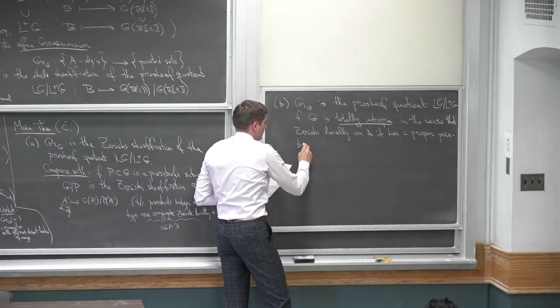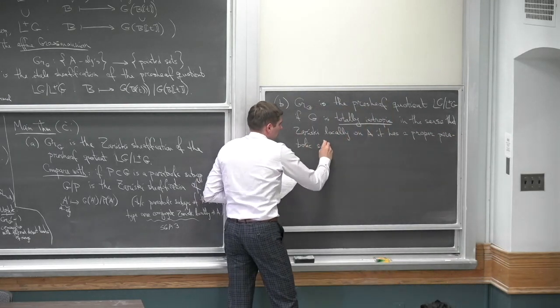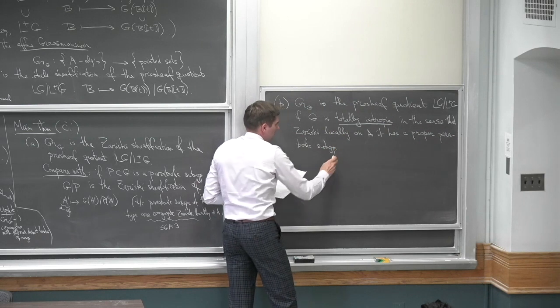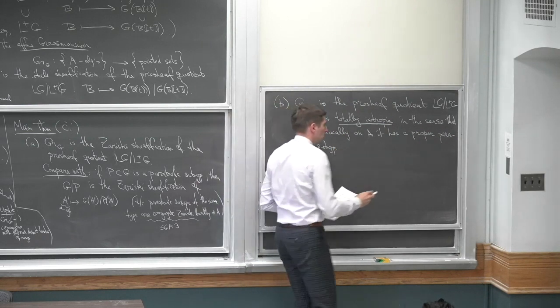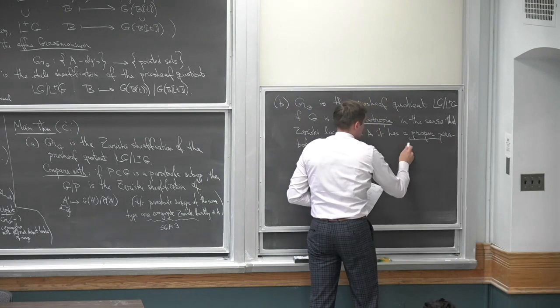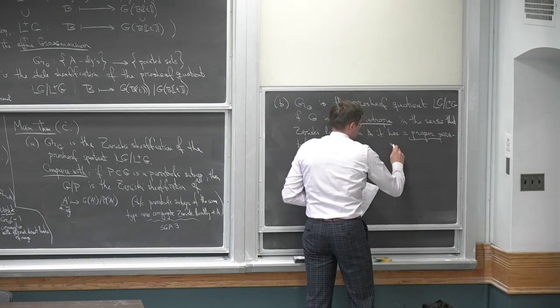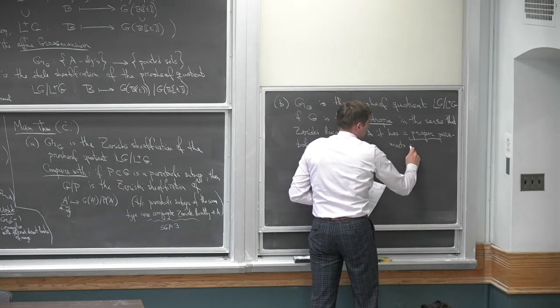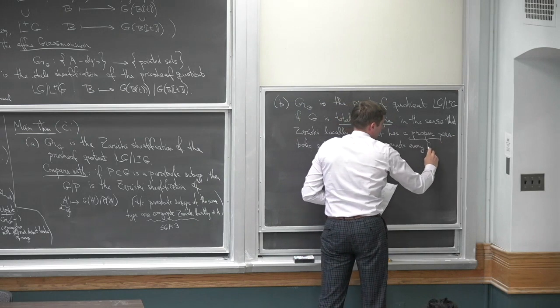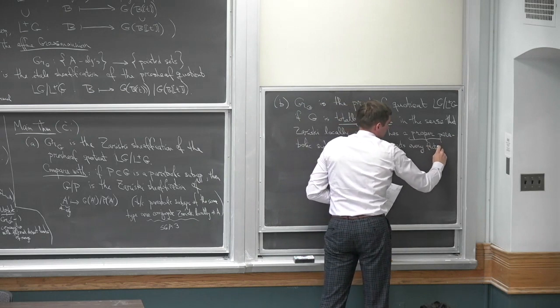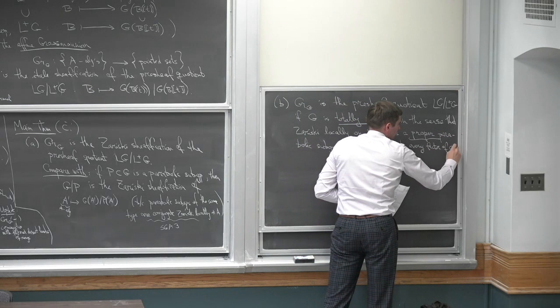So the condition is really not that complicated. It just has a proper parabolic subgroup. And proper means that the parabolic subgroup is required to meet every factor of the adjoint quotient.